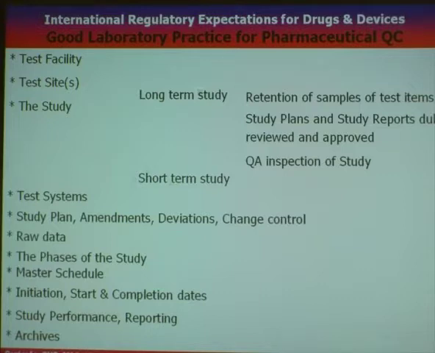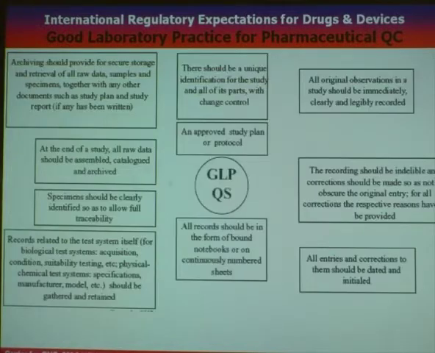When do you propose to start and when do you propose to complete? The dates involved: the study initiation, the study start and completion dates, the study performance and reporting, the auditing schedule, and finally the archives. Here we see the highlights of GLP as a quality system.